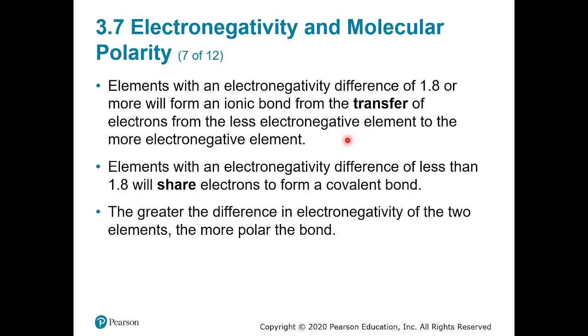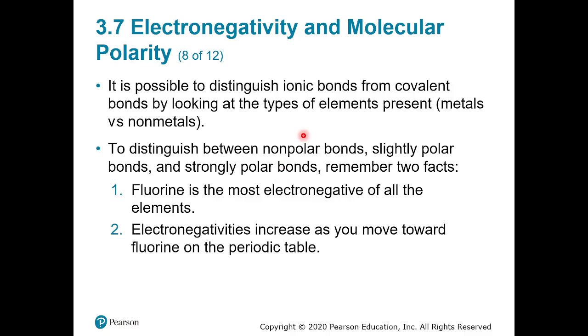Okay, so this is the electronegativity and the molecular polarity again. This is the electronegativity difference and where those cutoffs are, in case you forget what I had just talked about. It is possible, of course, to distinguish ionic bonds from covalent bonds. What we do is we look at the types of elements present.